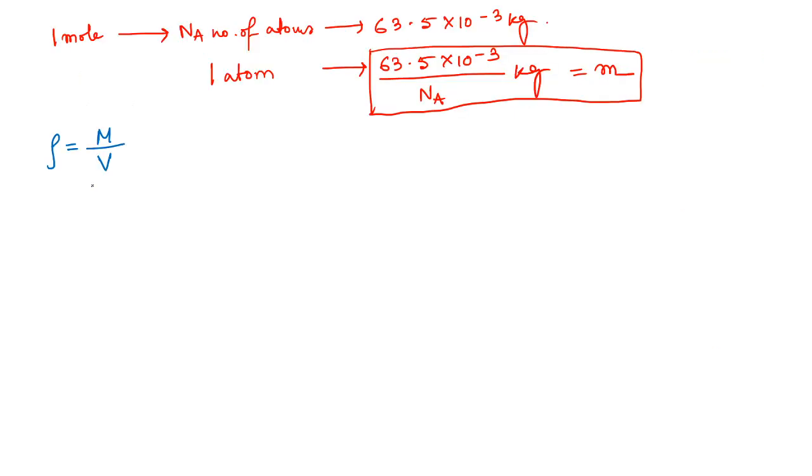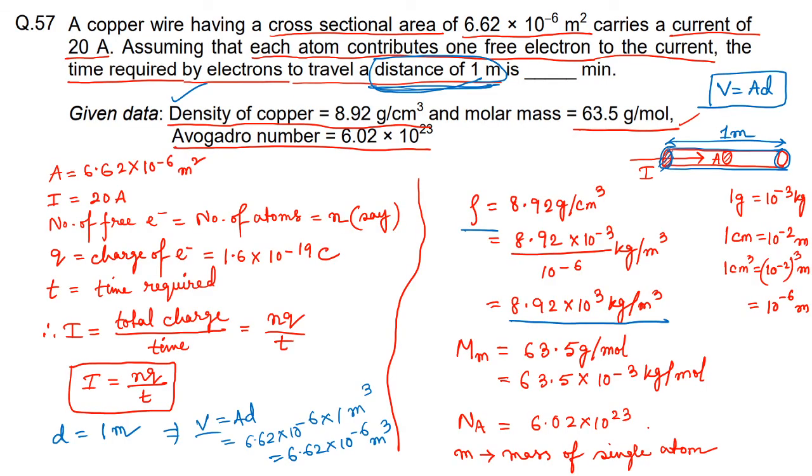Now let's go back to our formula, rho equal m by v. We have calculated v, that is the volume of the copper wire. What is m? M is the mass of the copper wire. Now how to calculate the mass of the copper wire? Mass of the copper wire is the total mass of the atoms.